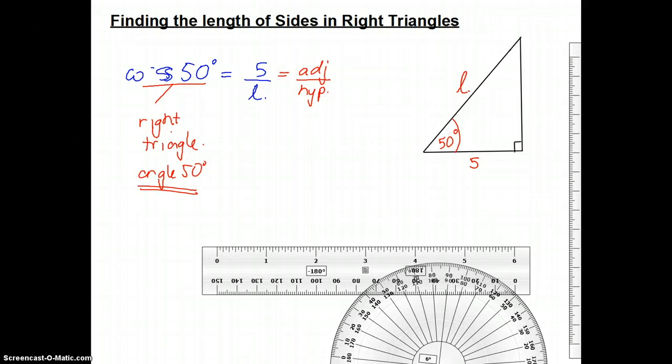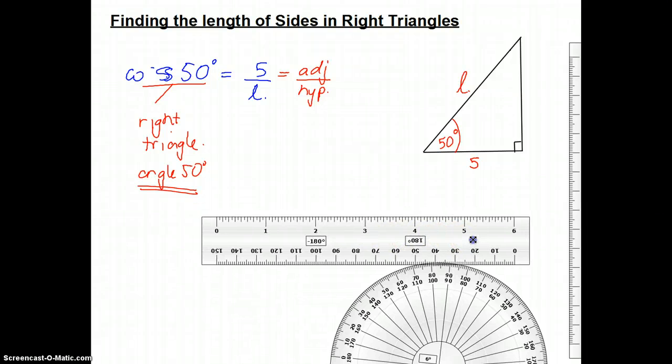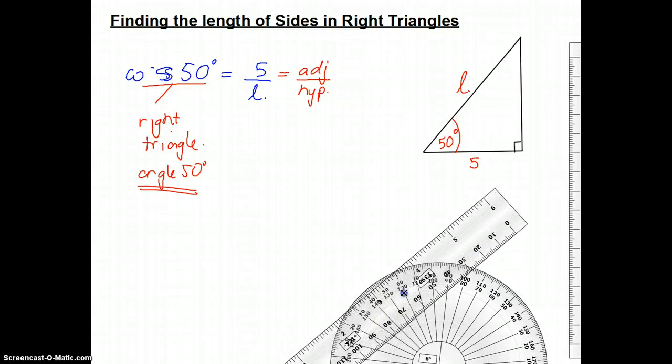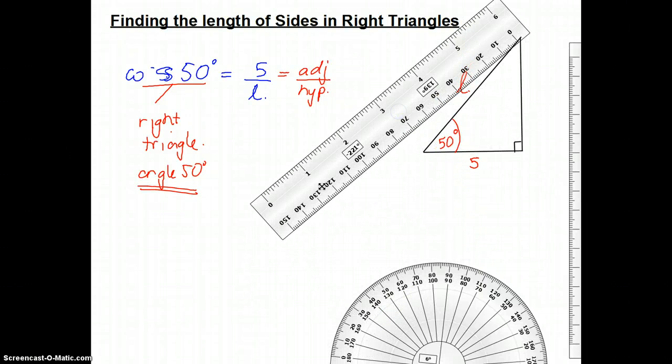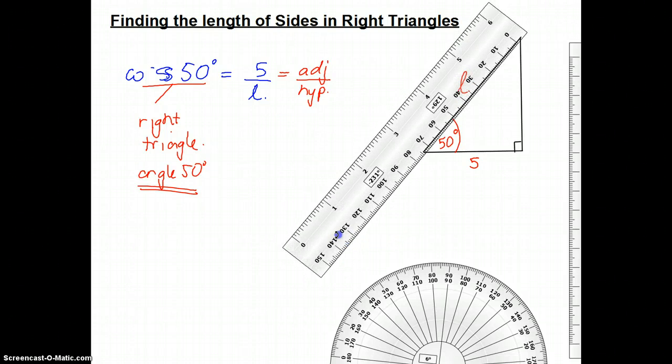So let's go and have a look at our ruler here. Rotate it a bit. Wrong way. Okay, let's take this up a bit. Rotate it around a little bit further. All right, let's see if we can get an approximate measure for this.